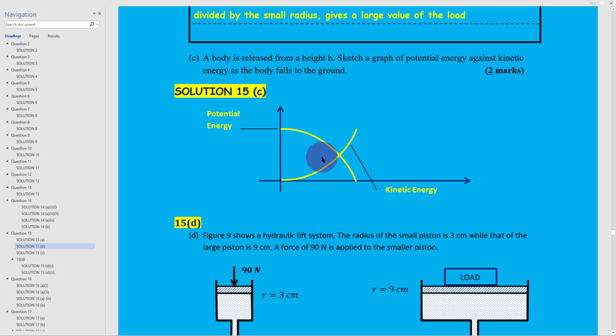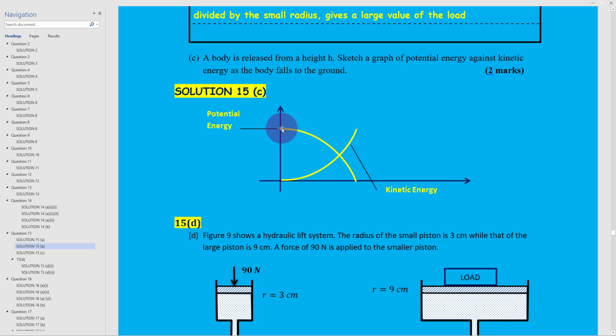And this is the graph that we get. So potential energy is very high at the highest point of this height, of course, and as the height decreases, kinetic energy of the object is going to increase. So this is basically what happens.